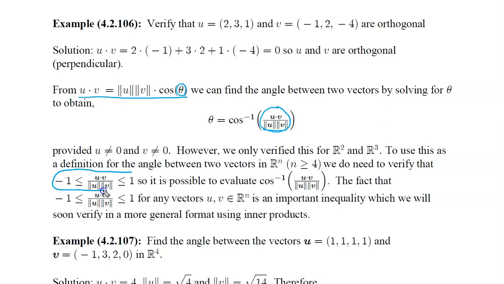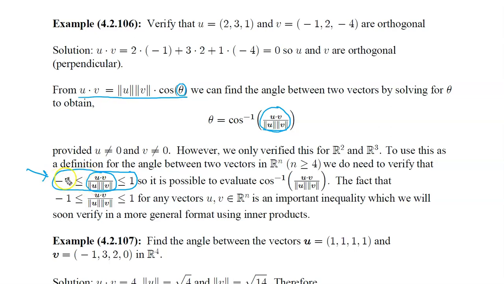In order to take the inverse cosine of something, this something has to be between -1 and 1. We only verified this for vectors in R2 or R3 from our graphic. So what we have to do is verify that this inequality actually holds for all vectors in Rn. And it actually does. We will verify that later on.